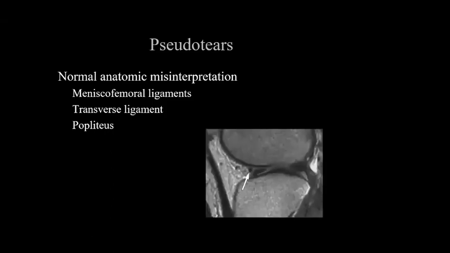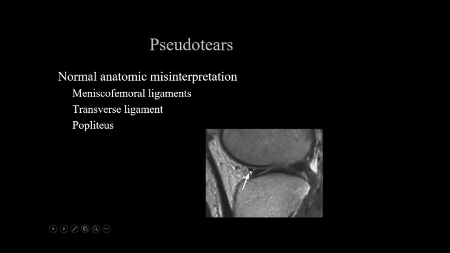The other pitfall is the anterior transverse ligament. And again, you get an interface between the anterior transverse ligament and the anterior horn of the lateral meniscus. So this interfacing can be a problem, but again, familiarity with this appearance would avoid any misinterpretation.